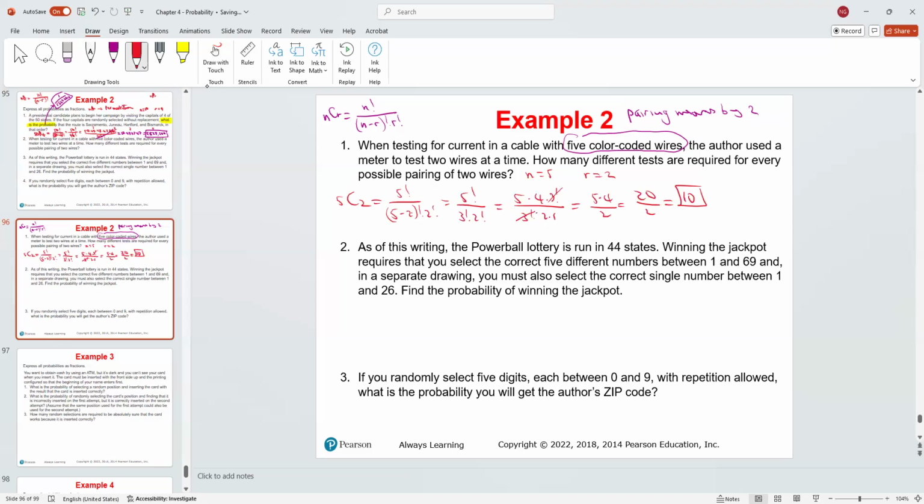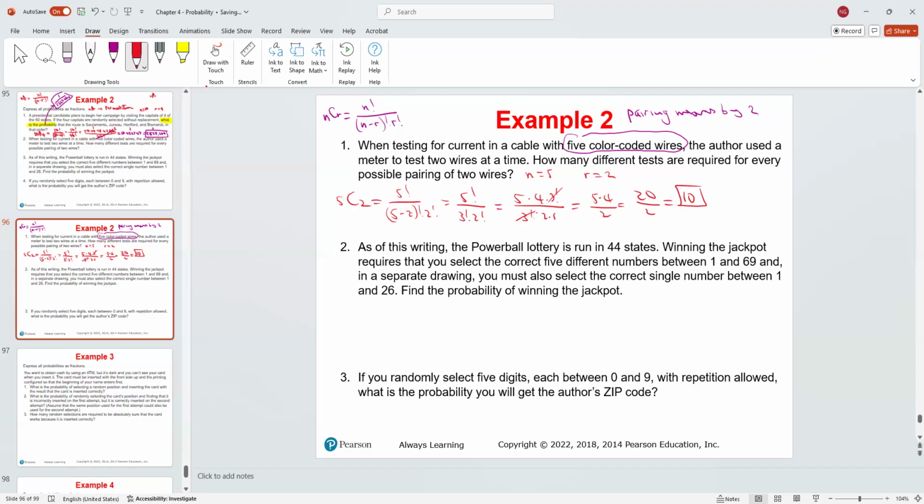I'm hoping we have enough space for number two, because in number two, we said that as of this writing, the Powerball is running in 44 states in the United States. Winning the jackpot requires that you select the correct five different numbers from 1 to 69. So, should that be in order?